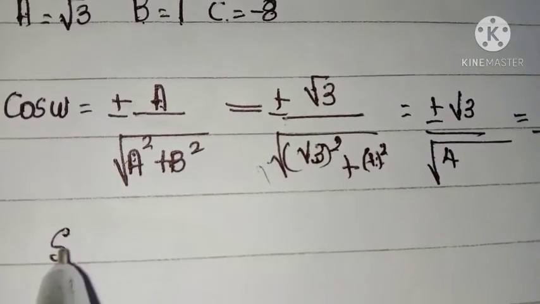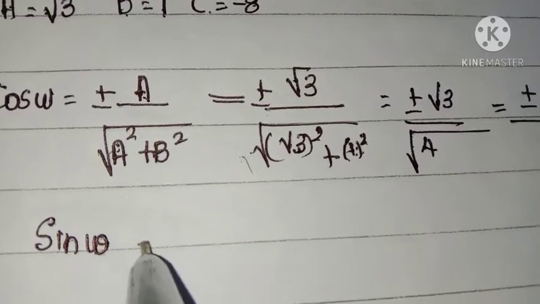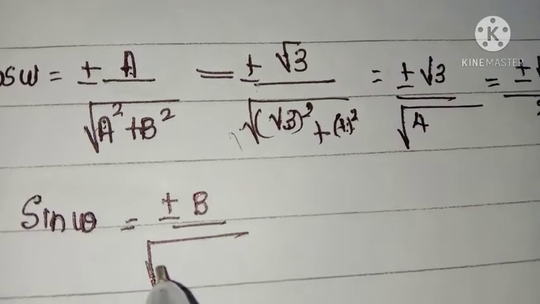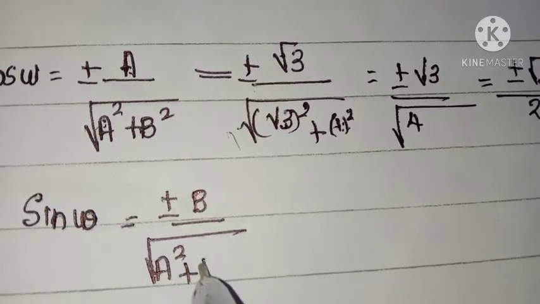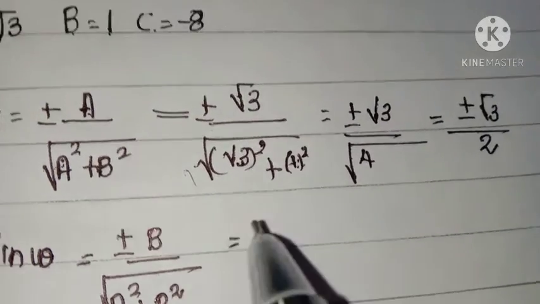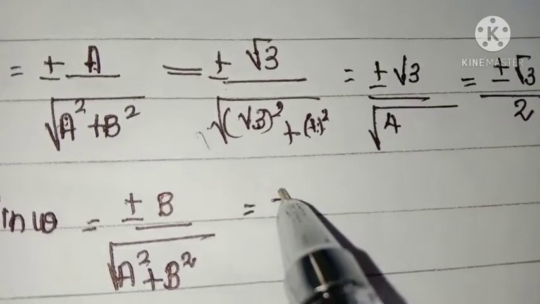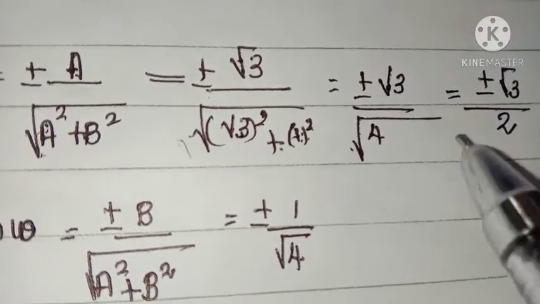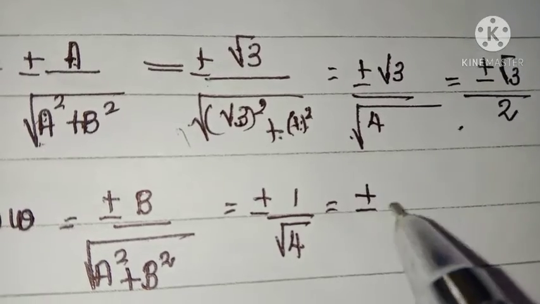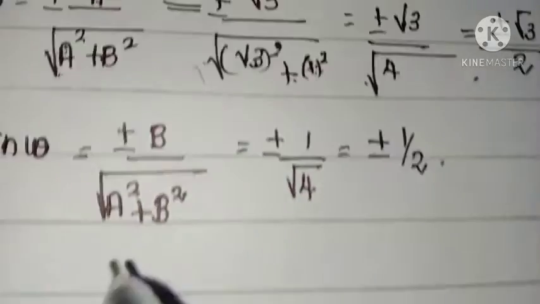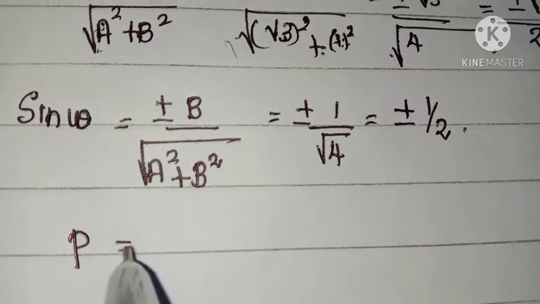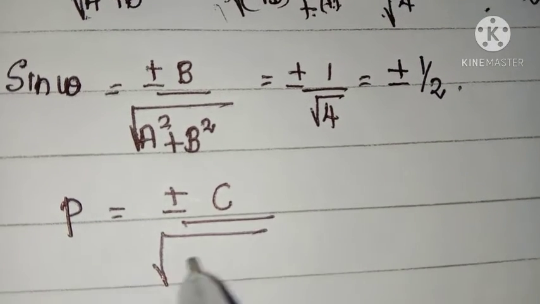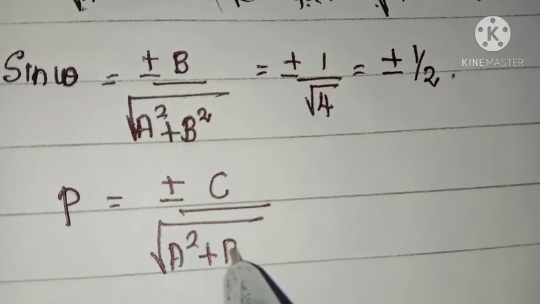Similarly, we can define sin omega also. Sin omega is plus or minus B by root of A square plus B square. B is 1, so plus or minus 1 by root of 4. Denominator is the same, that is plus or minus 1 by 2. Finally, P equal to plus or minus C by root of A square plus B square.